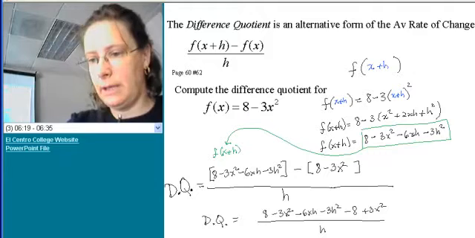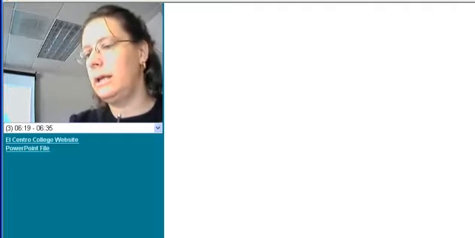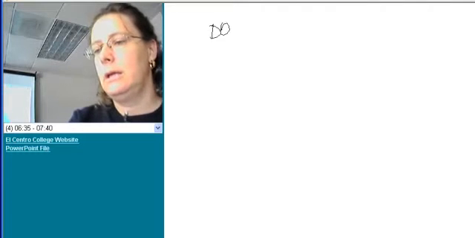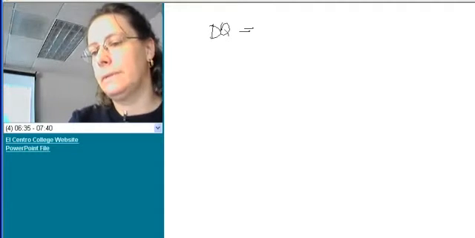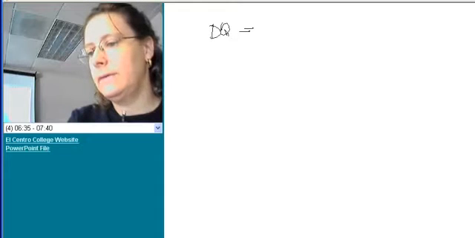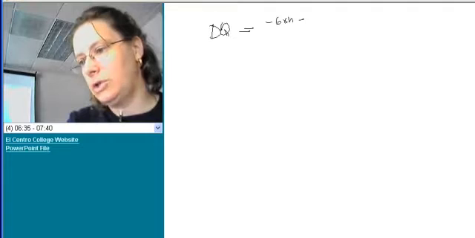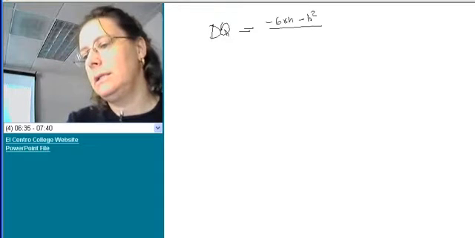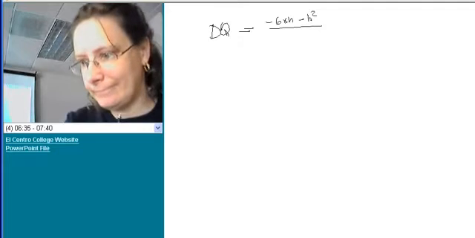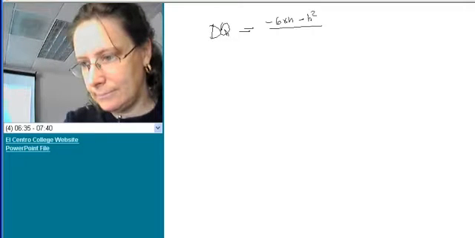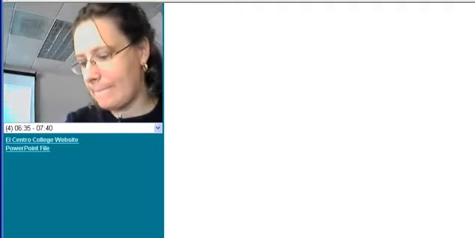So that's going to be negative 6xh minus 3h squared. So our dq here equals negative 6xh minus 3h squared.